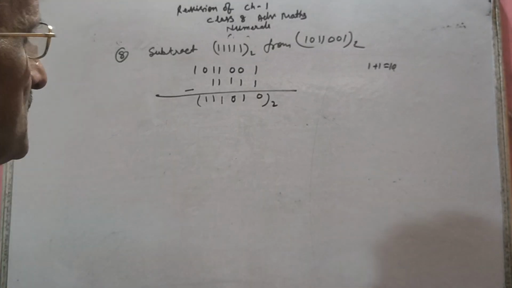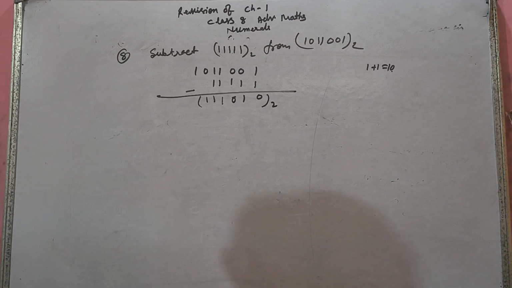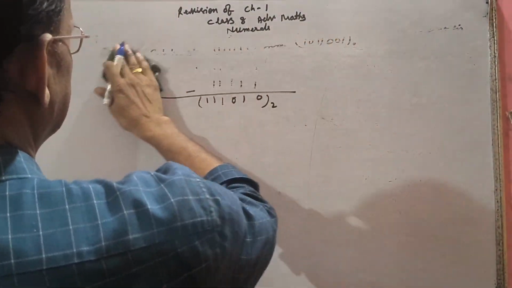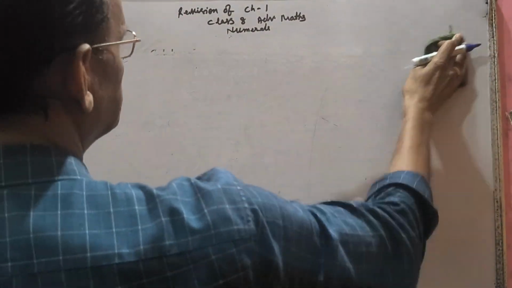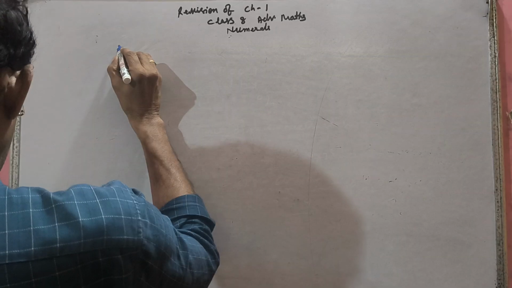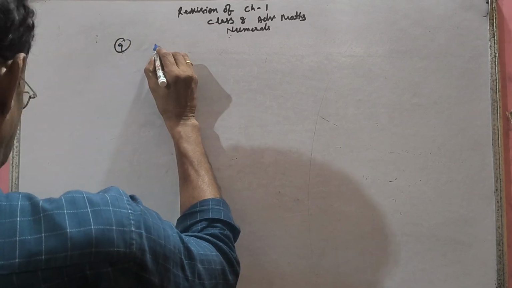Now everyone finds division difficult, so one division also. Question, write down. Question number 9 perhaps.